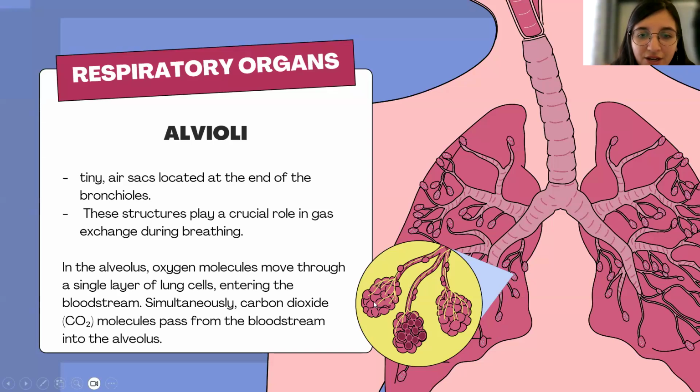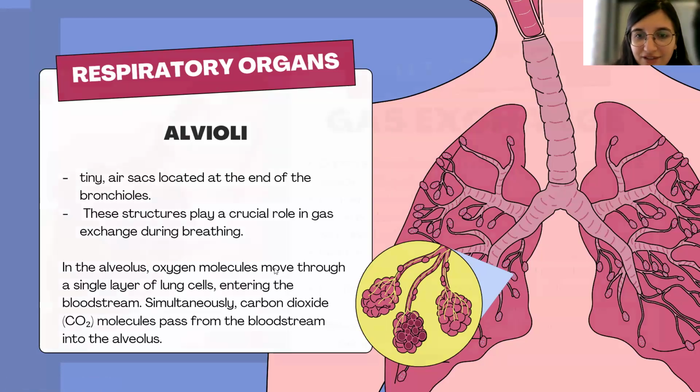Alveoli and alveolus are the same thing, but when it's one, we call it alveolus. If it's many, we call it alveoli. So singular is alveolus, plural is alveoli. In the alveolus, oxygen molecules will move from the alveoli to the bloodstream, and at the same time, the carbon dioxide will come out of the bloodstream into the alveoli so that it can be taken out of the body.